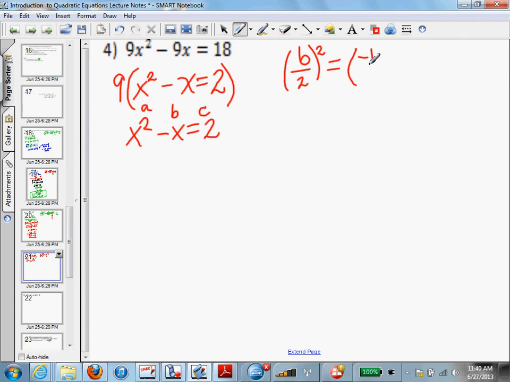In this case, it looks like negative 1 is b. So now we can simplify. Negative 1/2 squared is going to amount to 1 over 4.